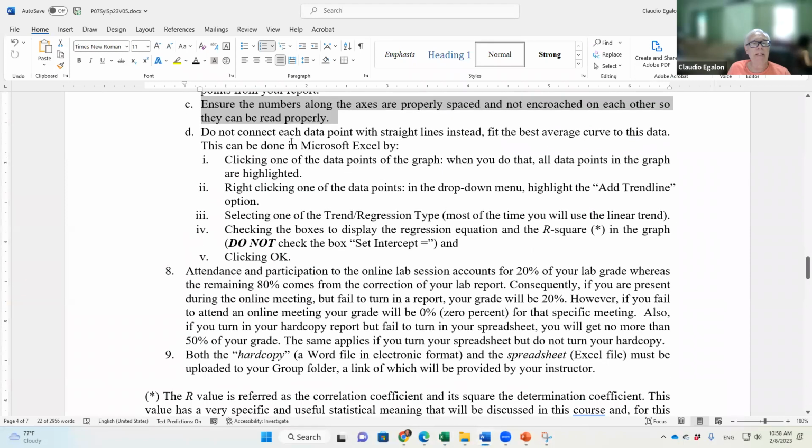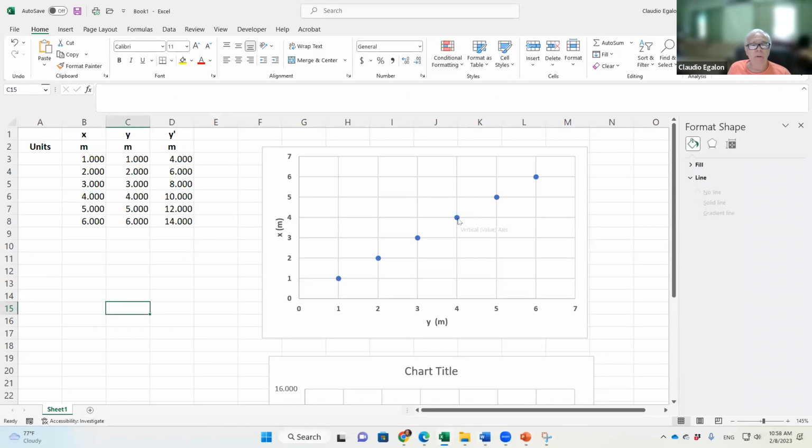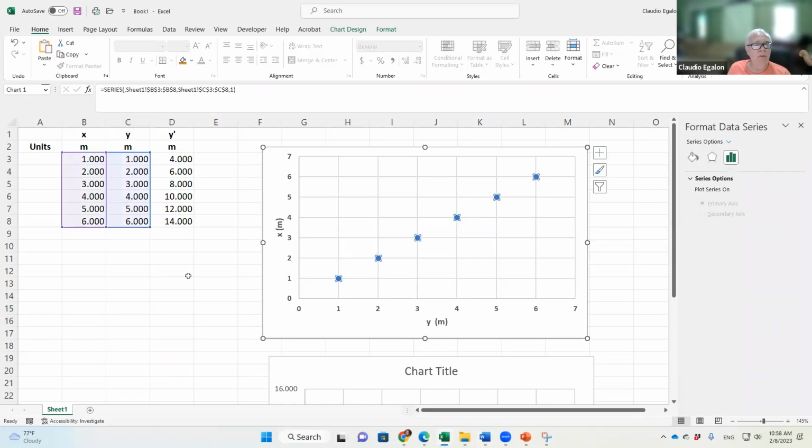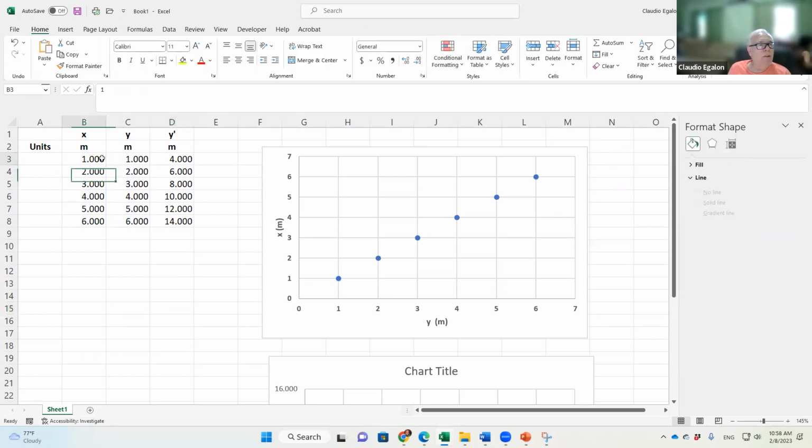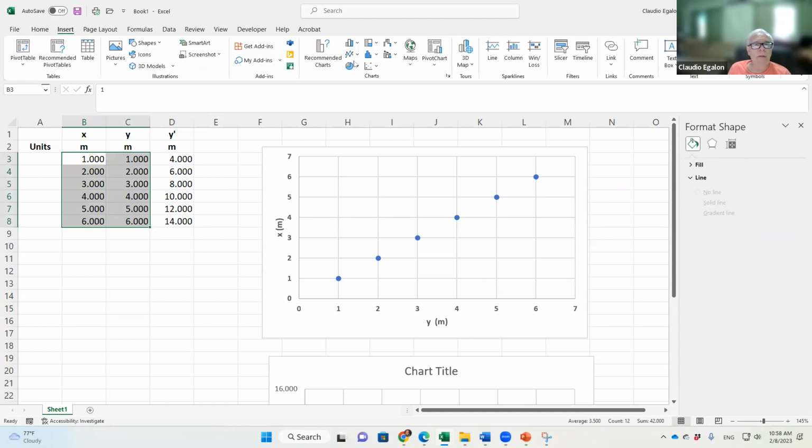Do not connect each data point with straight lines, okay? Excel allows you to connect each data point with lines. Let me see, chart design. Let me replot this graph so you can see what I mean. See, we have this scatter plot.